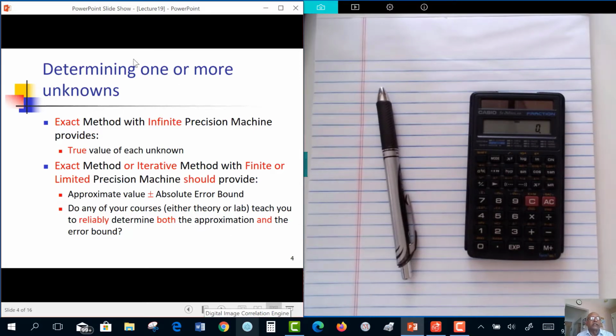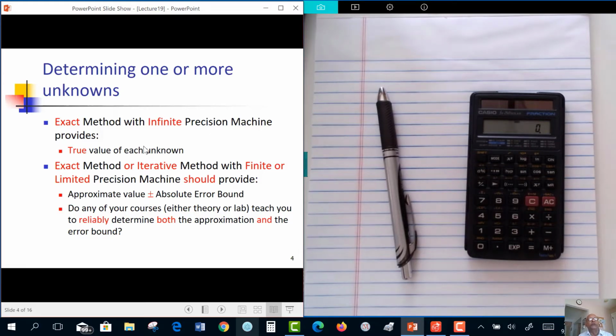So let's summarize something that we have been doing so far. Let's suppose we want to determine one or more unknowns. If we use an exact method with a perfect machine, then we find the true value.